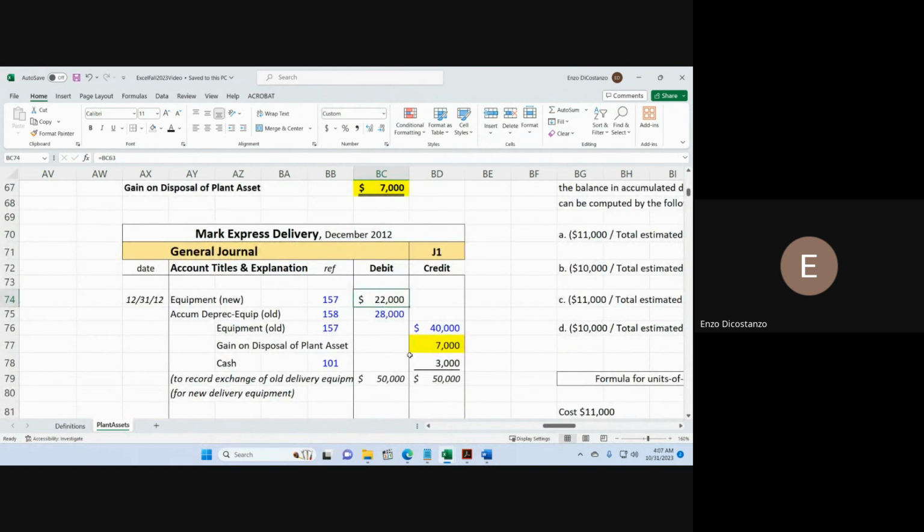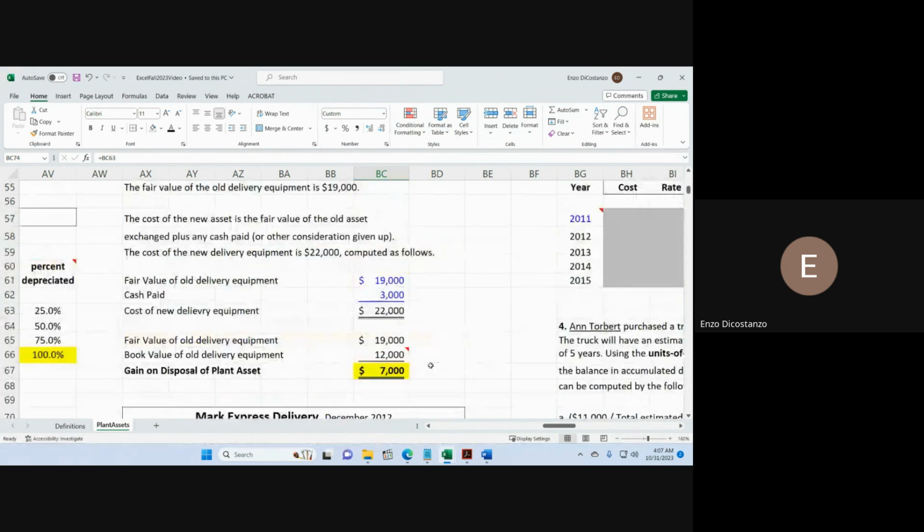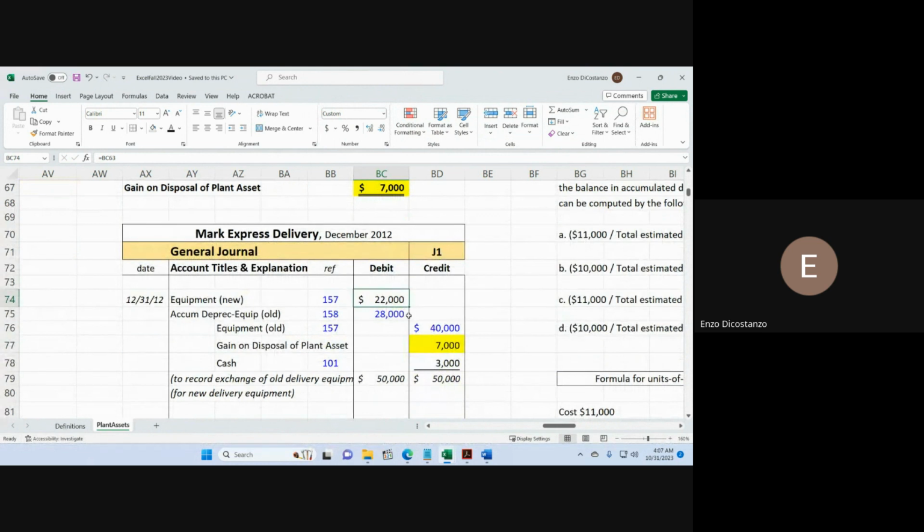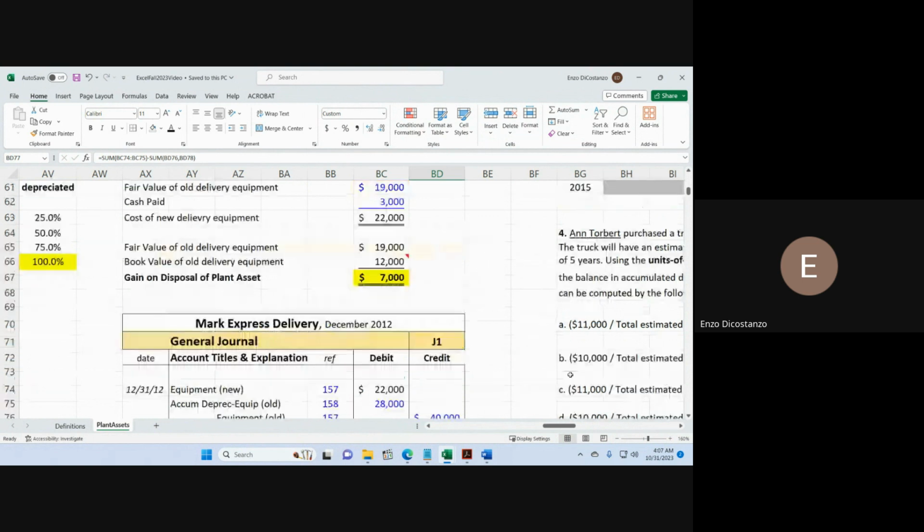Was that, and then also some cash left, some cash paid. Okay, and that's how you got your 7,000 to balance everything. That was obviously a gain, right? Because if the book was 12,000 and you got the fair value of 19 for it, then that's obviously, you know, you're recording that gain.